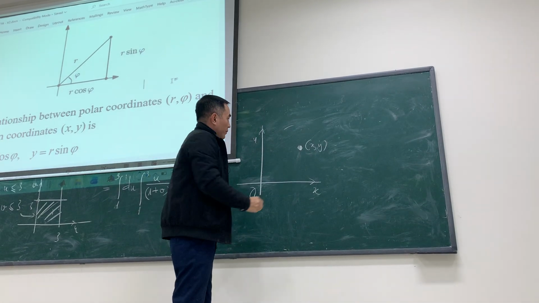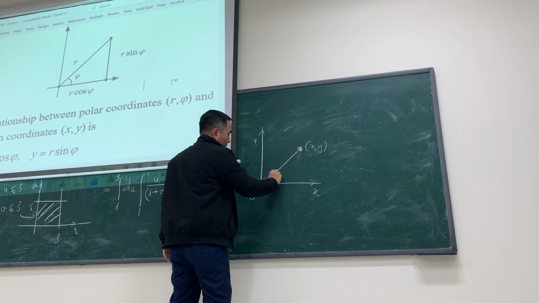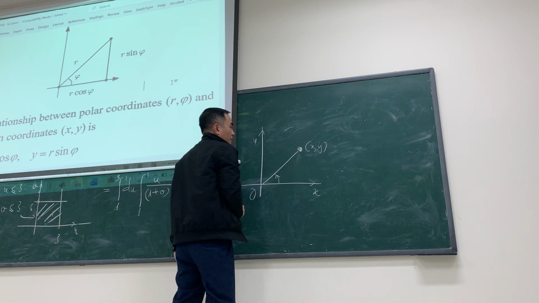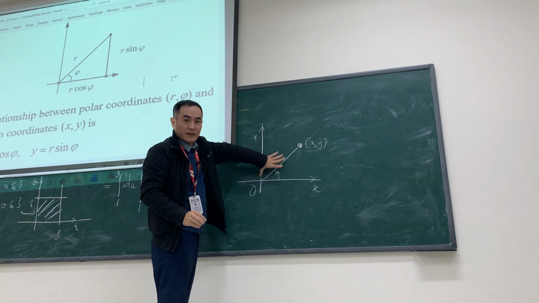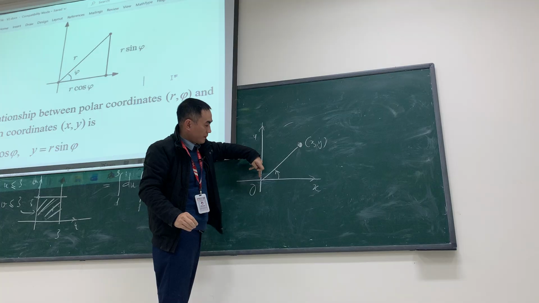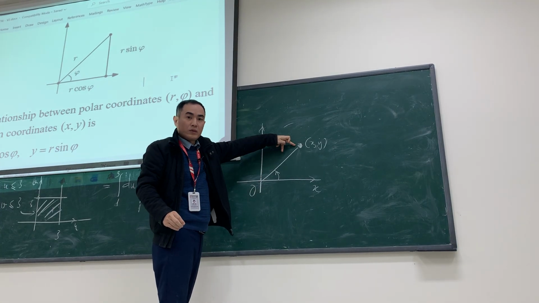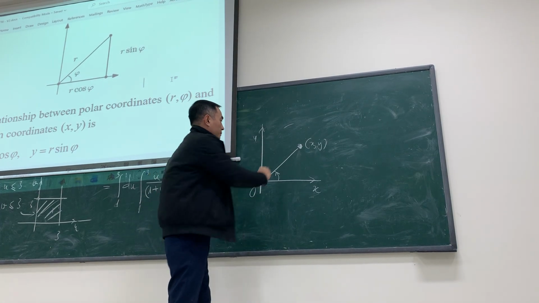When we change variables, we can denote the distance from the origin to this point by r.